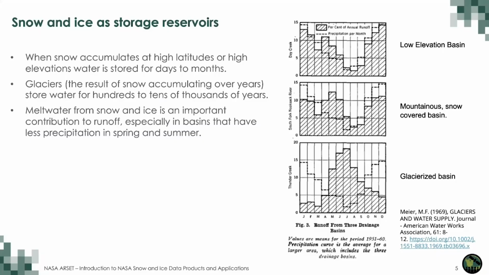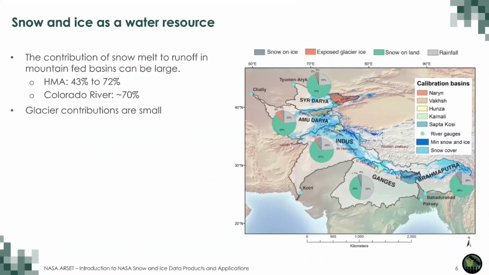In the glaciarized basin, that runoff is delayed even further until the summer. So you can see how much of an impact snow and ice in a basin has on the timing of runoff. And that's important, obviously, to agriculture and other water users. And it saves us having to have reservoirs, man-made reservoirs in those basins.